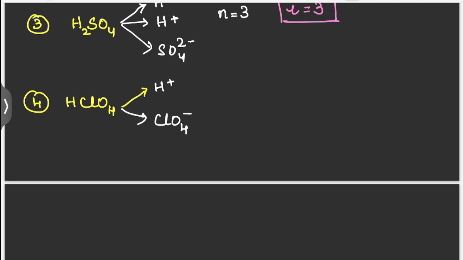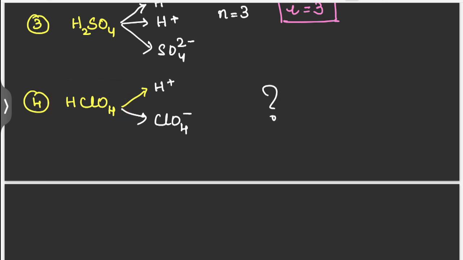So this is how it is going to break. You have to find the value of n. Already I have written the ions here. So you have to write the value of n and also the value of i. Find the value of n and i and write in the comment section. So what is the Van't Hoff factor for HClO4? Write your answer in the comment section.